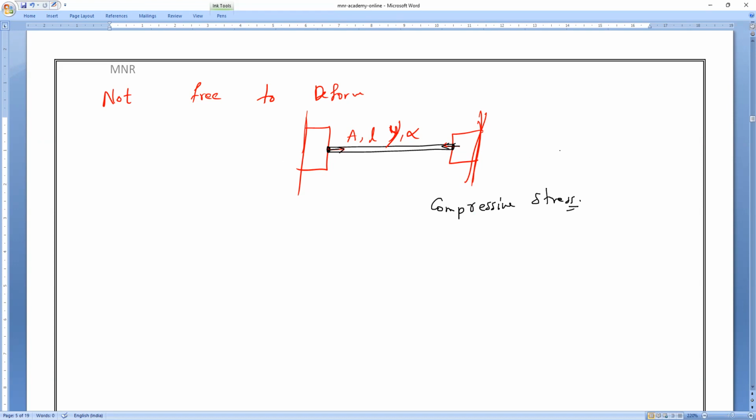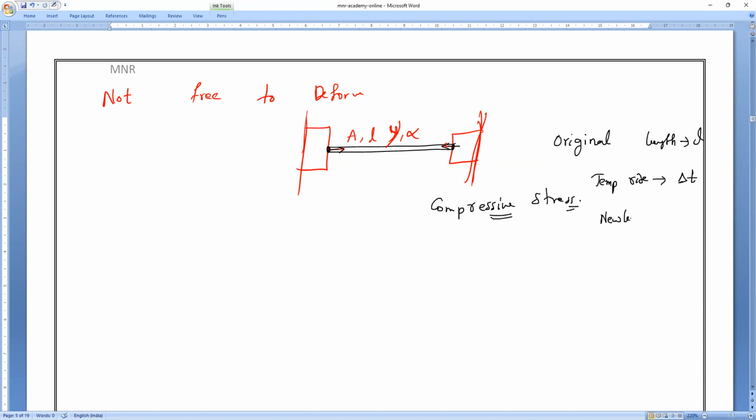Now, during this time also the length will deform. The original length may increase or decrease. But if it is compressive, will the length decrease or increase? Temperature rises; if it is compressed, what will happen? All of you: the length will decrease.